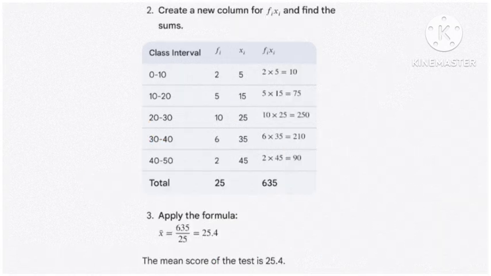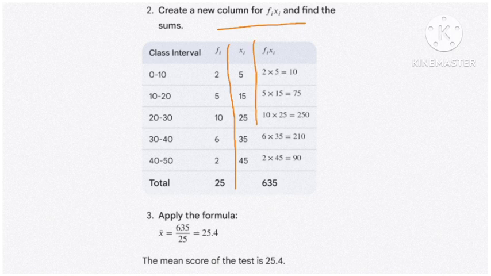Now the next step is to create a new column and find the products. We have found the value of xi, the class mark. Now we'll multiply fi into xi. For the class interval 0 to 10, we multiply 2 into 5, which will give you 10.